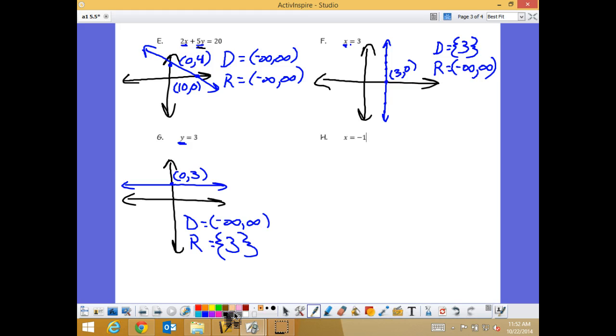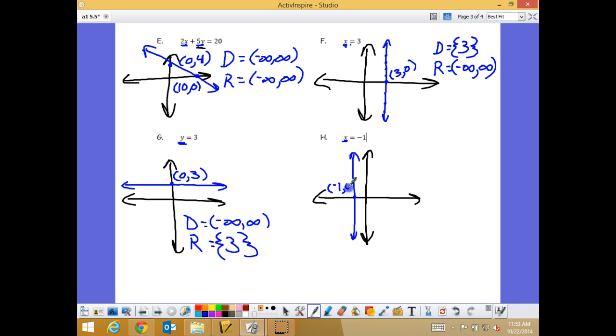And finally, H. Since x is the only variable in the equation, it only crosses the x-axis, and it crosses at -1. Never crosses the y-axis or runs parallel to the y-axis.